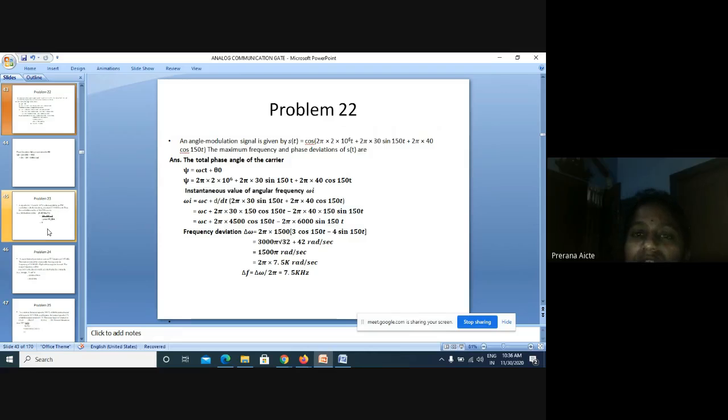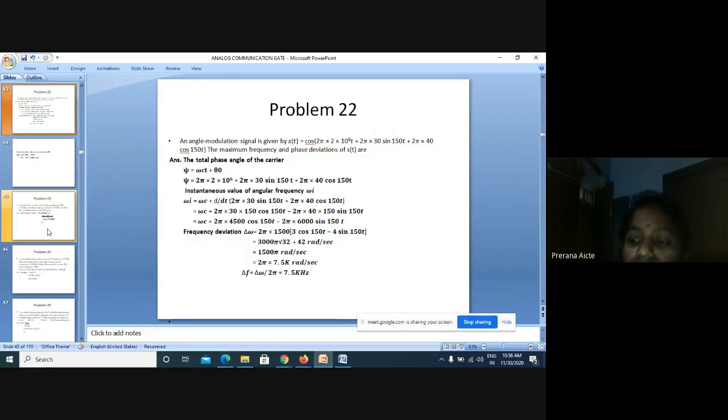In the modulation, when the amplitude is positive, we transmit with the frequency fc plus del f. When the amplitude is negative, we transmit with fc minus del f. When the amplitude is 0, we transmit with the carrier frequency fc.